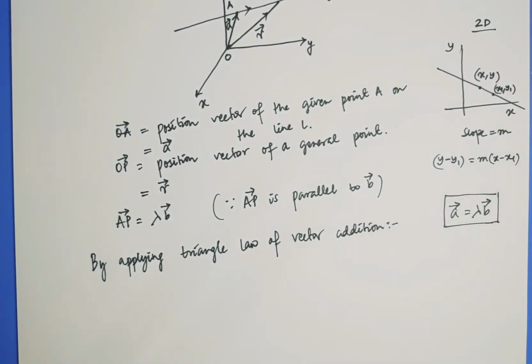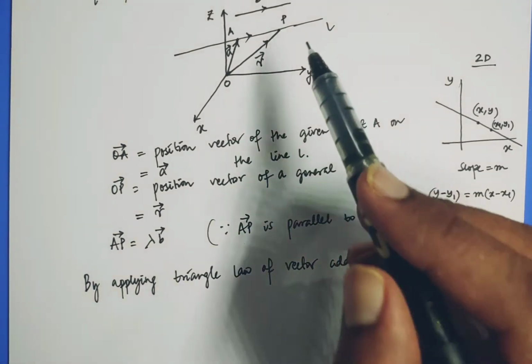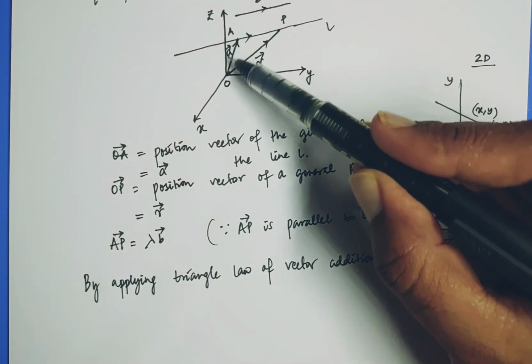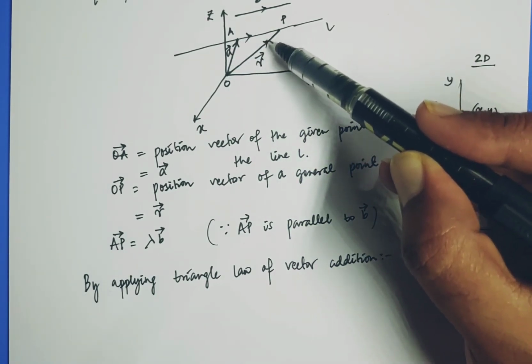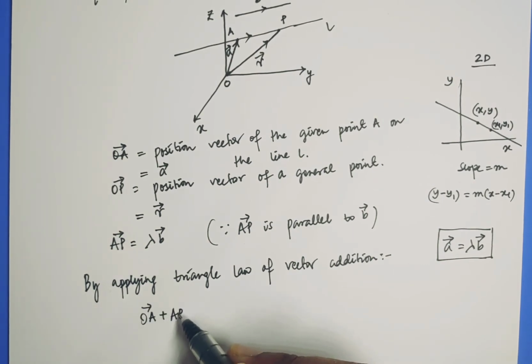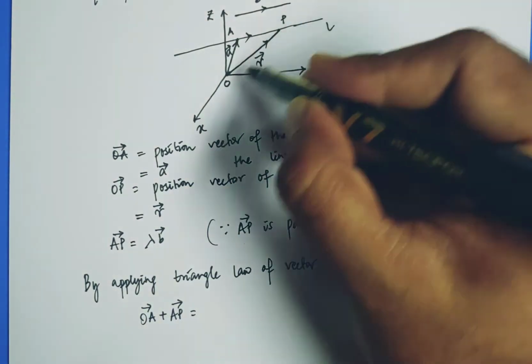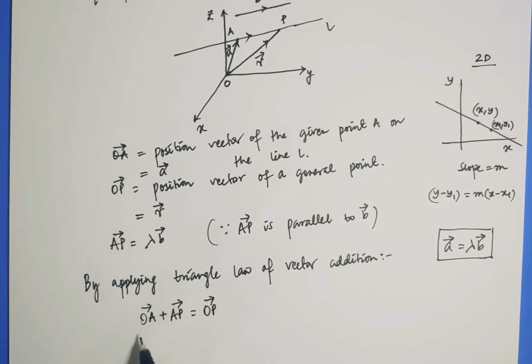If I apply triangle law of vector addition, now look at it very carefully. The vector is starting from here, OA plus AP, and this is opposite direction. So I can write OA vector plus AP vector is equal to OP vector, because it's in the opposite direction. Understood? So this is what we get by applying the triangle law of vector addition.